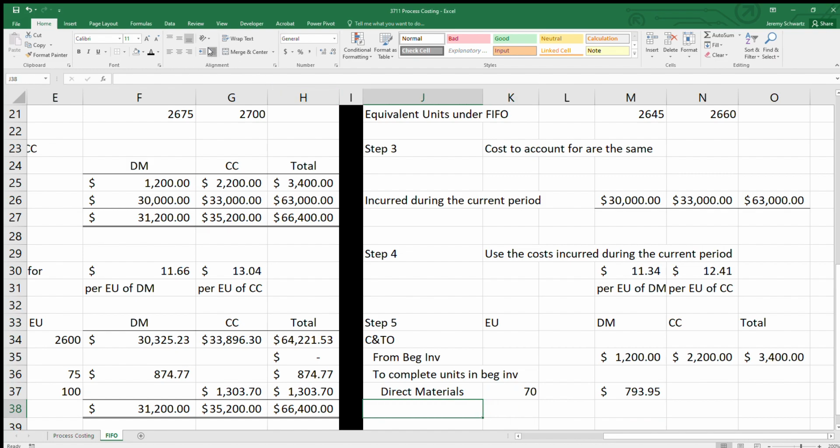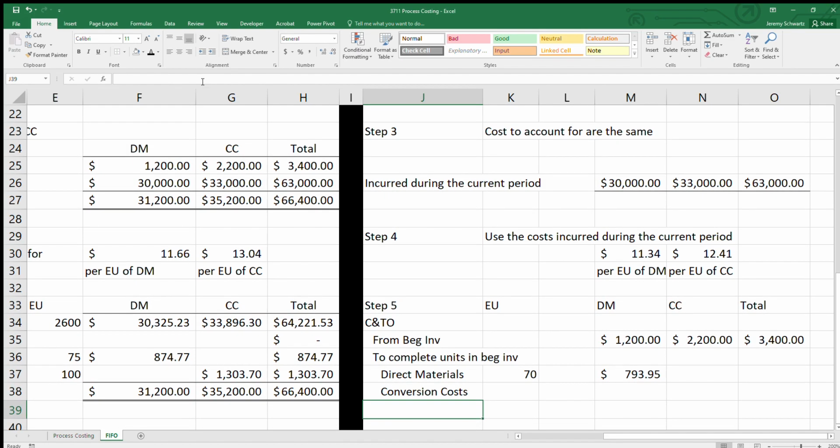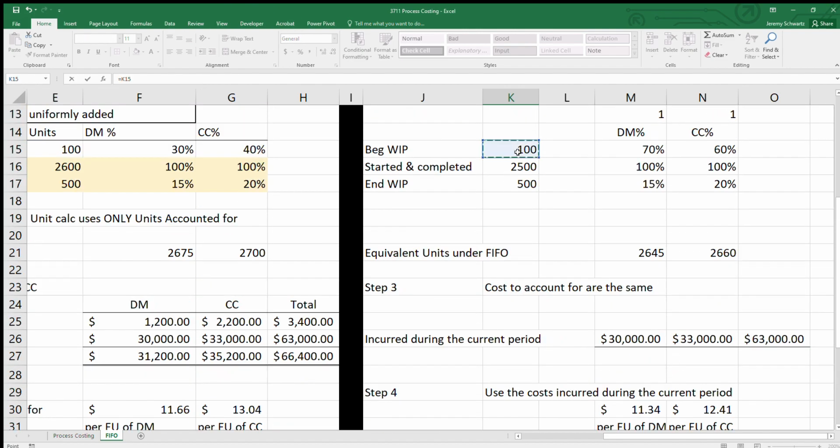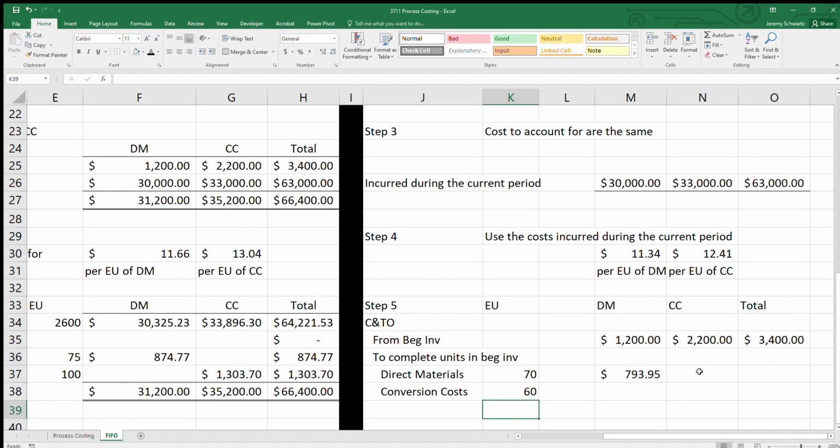For conversion costs, and again, I'm just putting in a few indentations here so that these follow underneath here. Our equivalent units then, we'll follow it this way. Now it doesn't really matter, so we'll just do our 100 units beginning inventory that needed to be 60% completed.